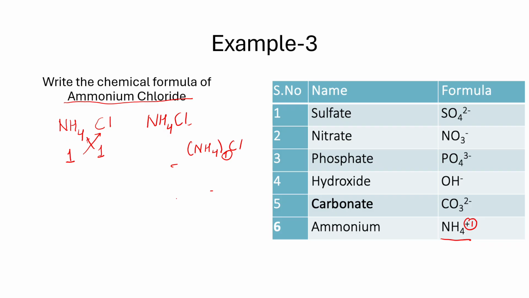Since we are not doing it, you do not need to put a parenthesis. A parenthesis needs to be put when you are putting a subscript next to a polyatomic ion. Since 1 is never placed as a subscript, you don't need to put a parenthesis in, and in fact if you do, that's considered wrong as per conventions. So the formula of ammonium chloride is NH4Cl.